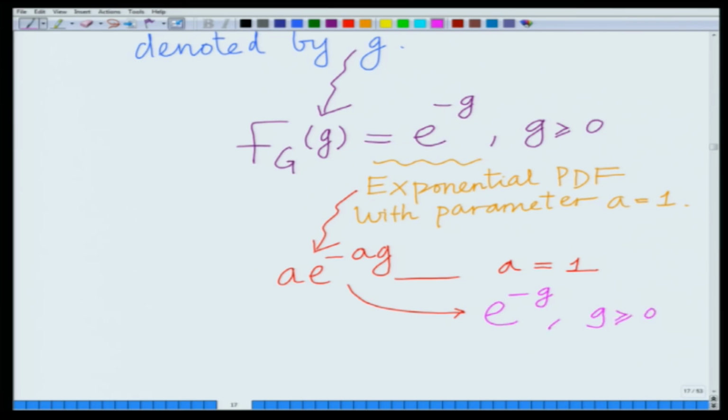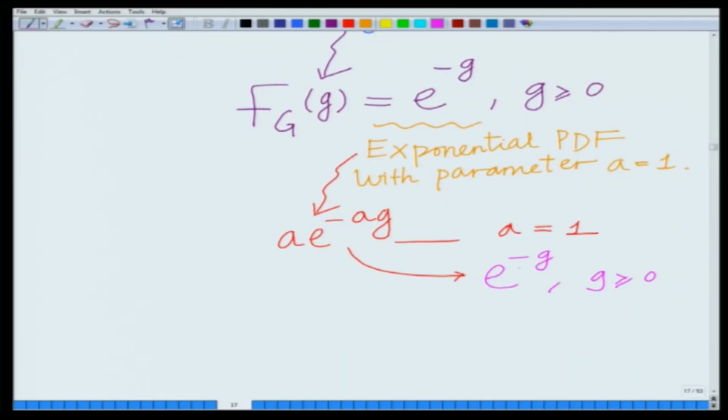Therefore, in a fading wireless channel, the power is distributed as an exponential random variable with the parameter a equal to 1, and this example is about a specific fading wireless channel which is known as the Rayleigh fading wireless channel.